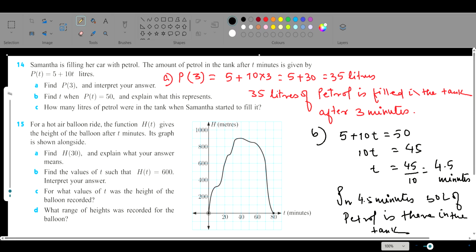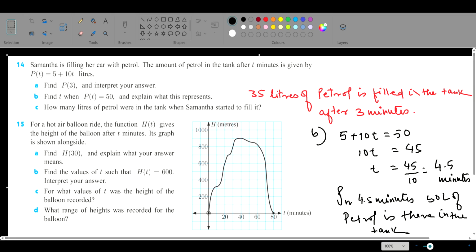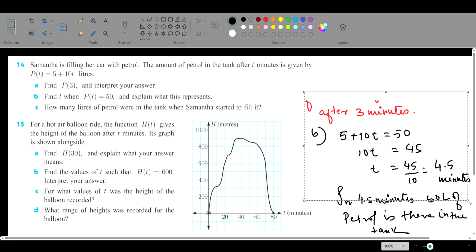No, it will not be 10 liters. When she started to fill the tank, what was the time at that point? Time was 0, right? We haven't started the timer yet. So t is equal to 0, and when you find P(0), you will find 5 liters.